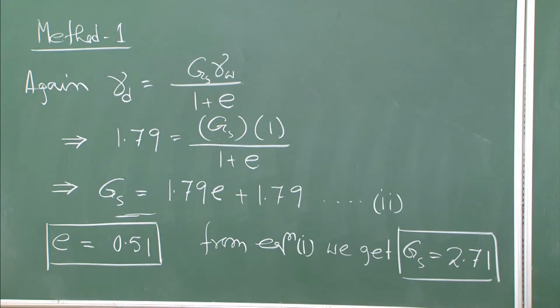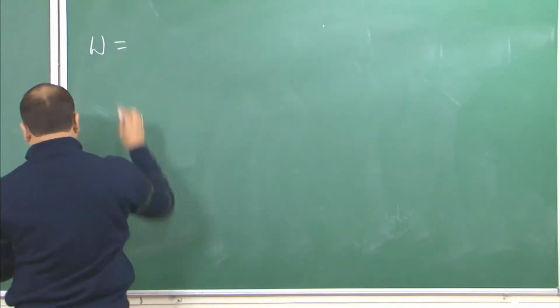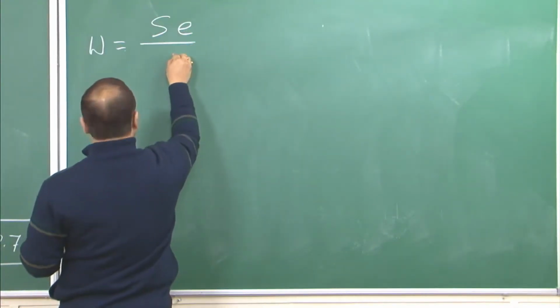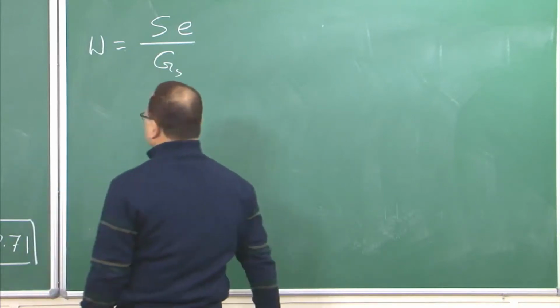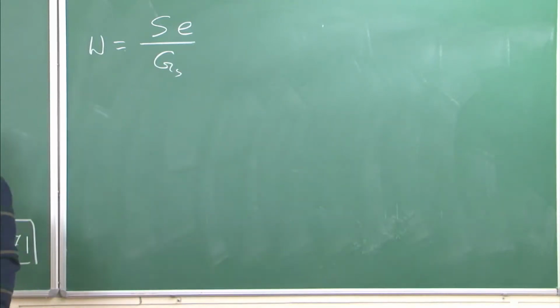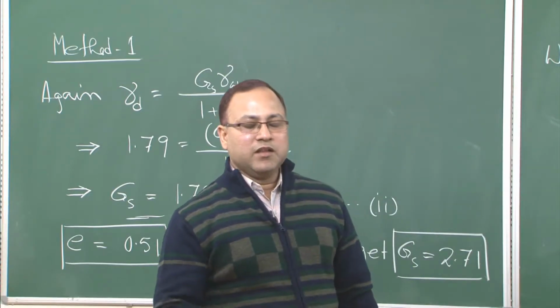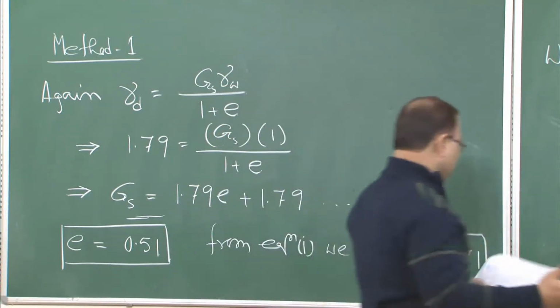Now, water content is left out, so we can calculate water content. Water content w is given by S e by Gs. Now, what is the value of S, the degree of saturation? In this particular problem, the soil is completely saturated, so S is 1.